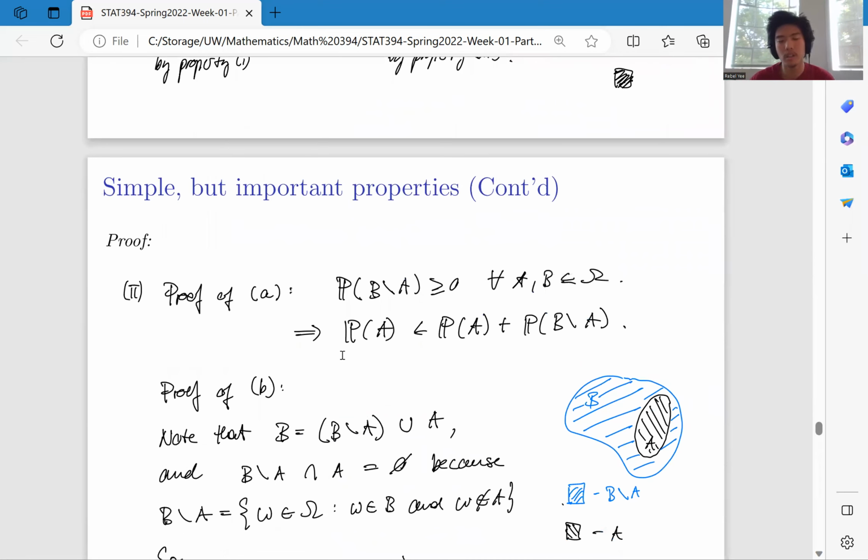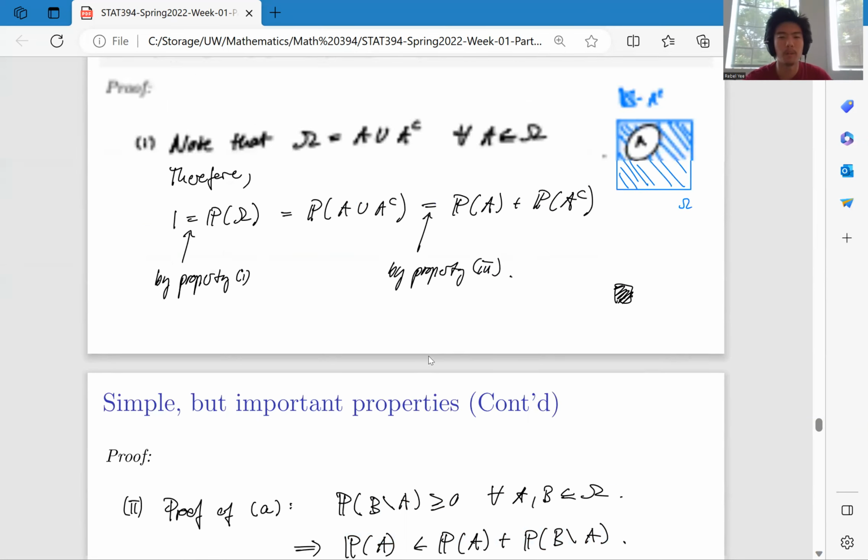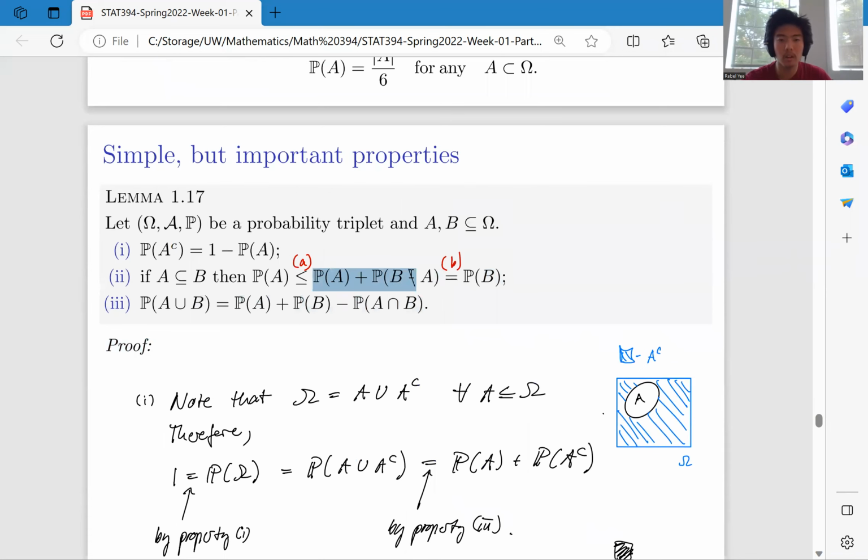The inequality holds because for every event, the probability of the event is greater than or equal to 0. So obviously, P(B minus A) is greater than or equal to 0. This indicates P(A) is smaller than or equal to P(A) plus another non-negative term. So here we already proved part A. It's very simple. And to prove part B, that P(A) plus P(B minus A) is equal to P(B), how do we prove this one?